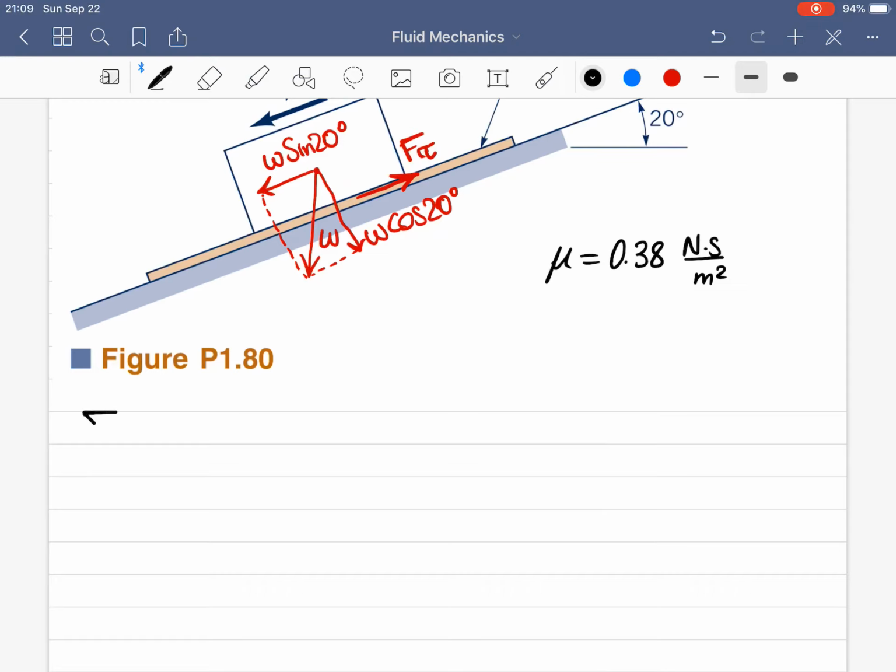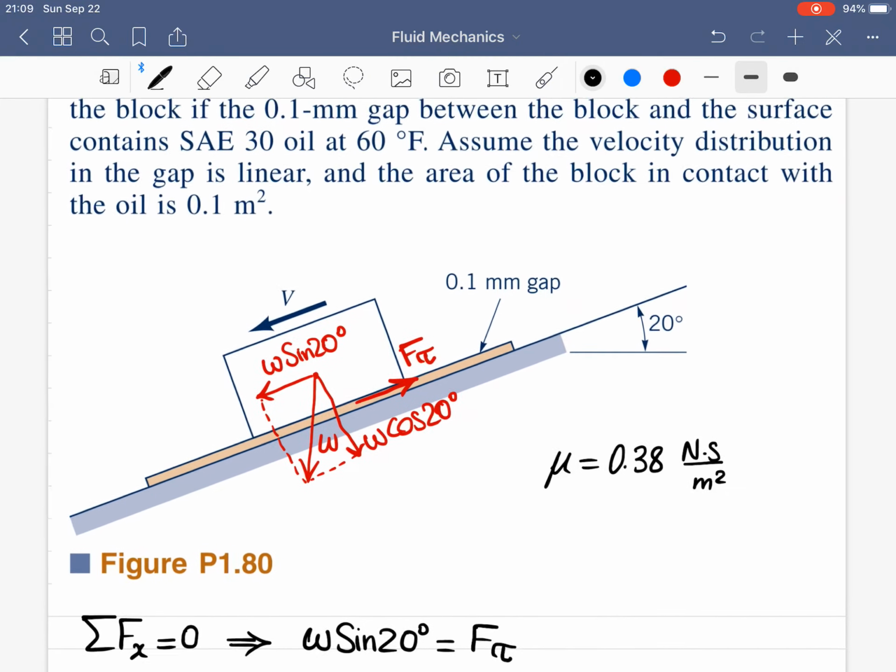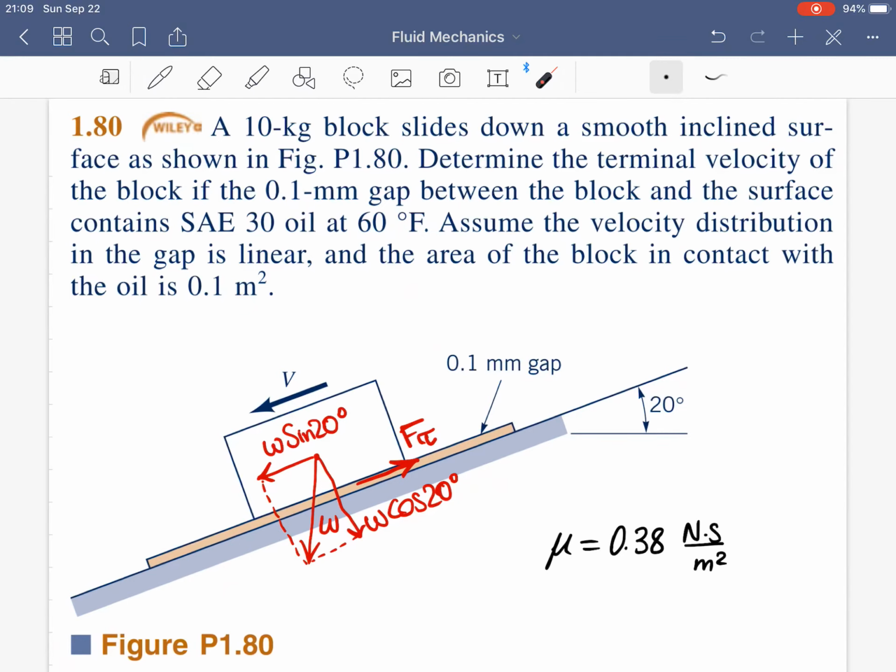So if we write the summation of forces in each direction must be equal to 0, so W sine of 20 degrees must be equal to the force due to shear stress. So W sine of 20 degrees must be equal to tau times the area, where here we have the mass of the block.